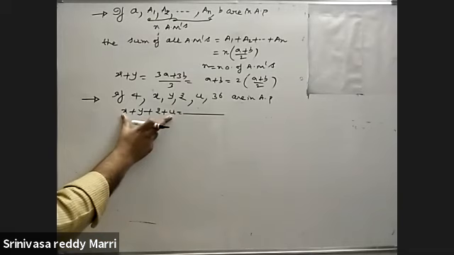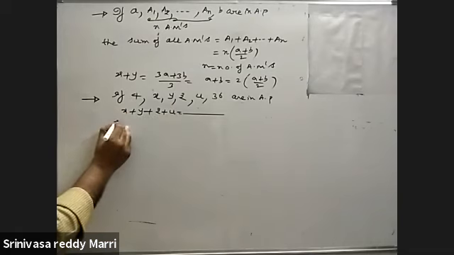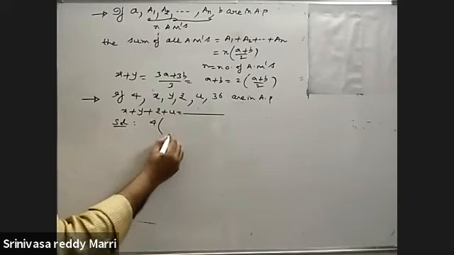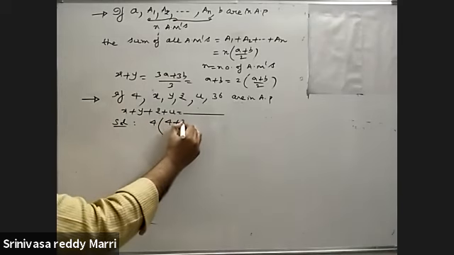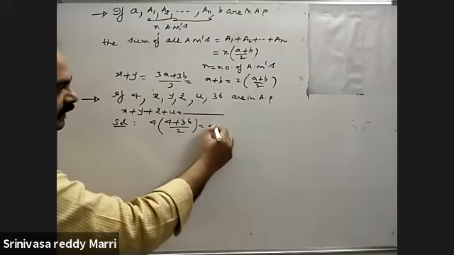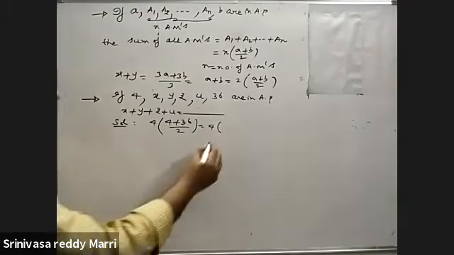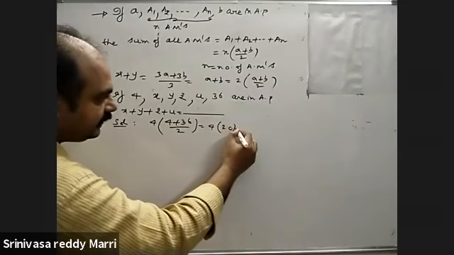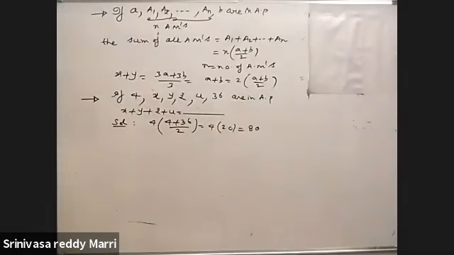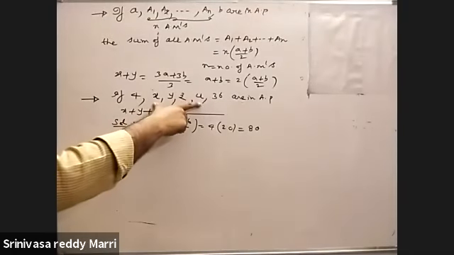Now he is asking the sum of all the AMs. So what is the answer? There are 4 AMs, so 4 into (first number plus last number) divided by 2. That means 4 into 40 divided by 2, which is 80. If that formula is remembered, you can easily calculate.